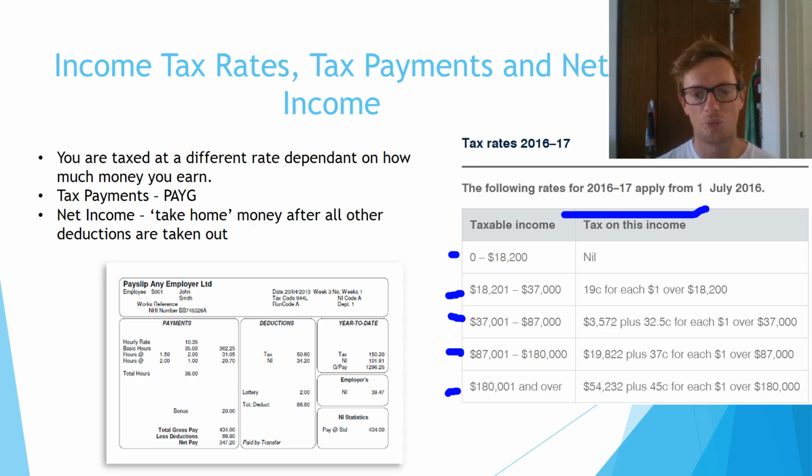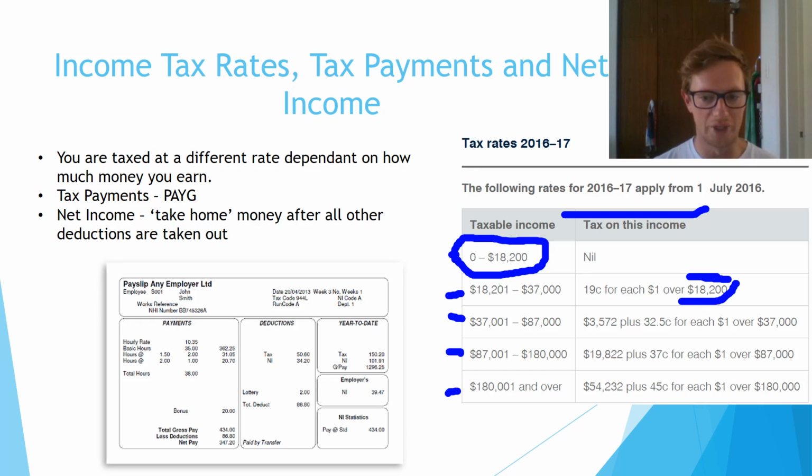You see here, if you earn between $0 and $18,200, you won't have to pay any income tax. Then if you earn from above that to $37,000, you have to pay 19 cents for each $1 over $18,200. So you can see as you go further up, you have to pay more tax for the more income that you earn.